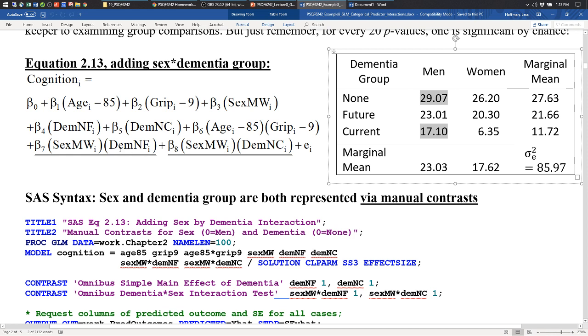Last but not least, in the context of categorical variables, the phrase that I learned and which I still think is useful to talk about what those interactions mean is that they give you different differences. It's how the gender difference differs by dementia group, or how the dementia difference differs by gender.